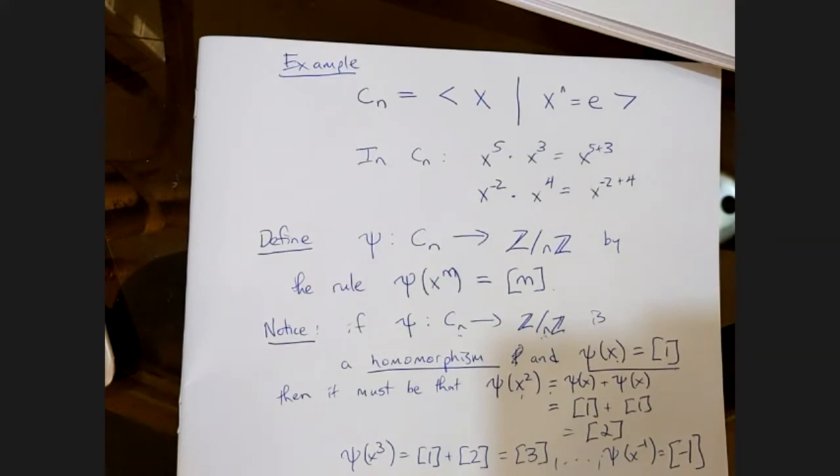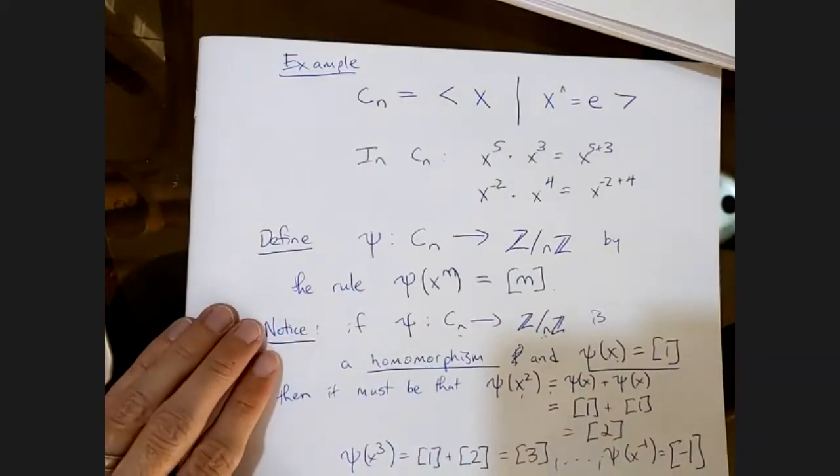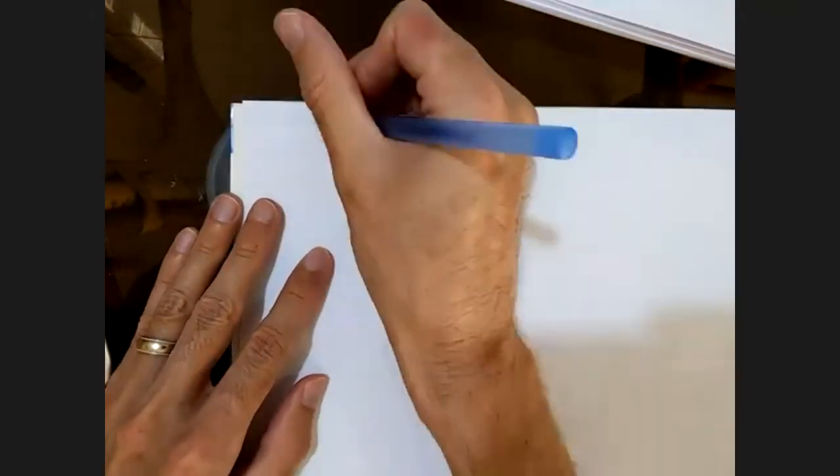There is one hiccup that could happen. This is the problem of a function being well defined.